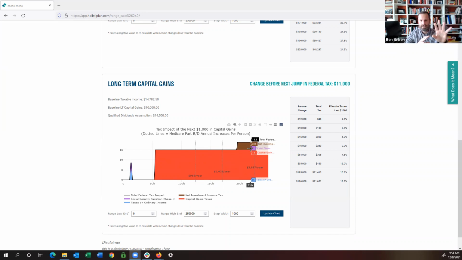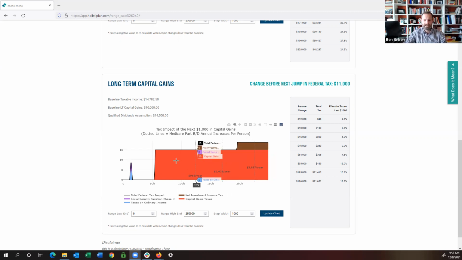Adding investment income to this piece will always trigger the NIT once you've gone over the threshold, right? Once we've exceeded that $250,000 threshold for married filing joint folks, adding capital gains will always have that net investment income tax applied to it, because adding capital gains adds to both investment income and the amount that you're over the threshold. So those two things move in lockstep when we're thinking about adding additional long-term capital gains.